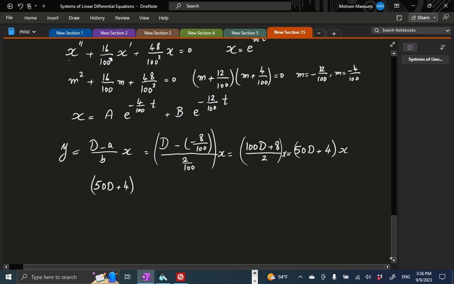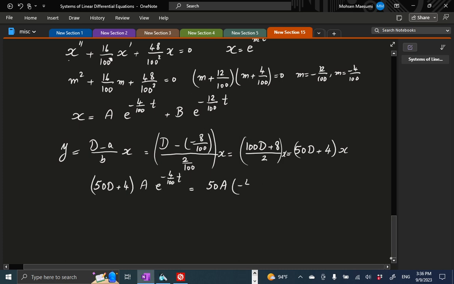Let's multiply by this component first: A exponential of minus 4 over 100t. All we are doing here is really getting used to what D means. D means differentiation. So 50 times A, and then the derivative of this. Well, what's the derivative of that?